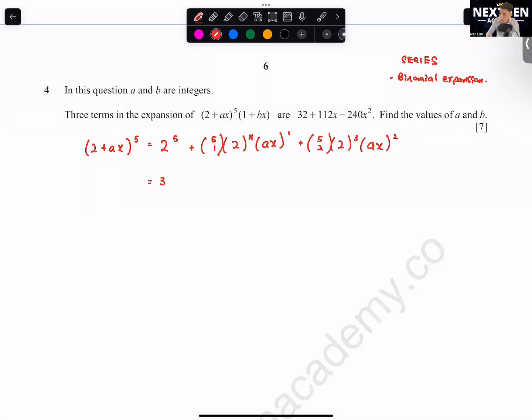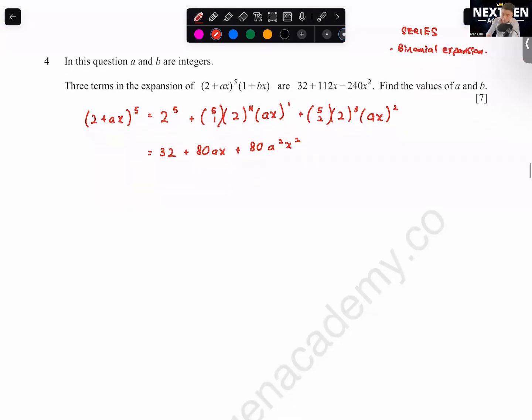You use your calculator, open it up. 32 plus 80ax plus 80a squared x squared. Okay, then we are going to cross multiply both the brackets. So 32 plus 80ax plus 80a squared x squared, bracket 1 plus bx.